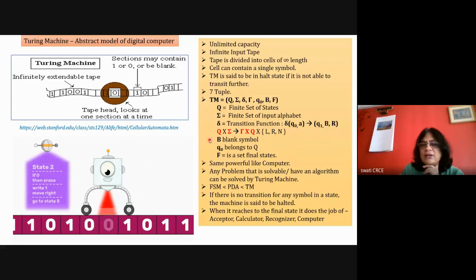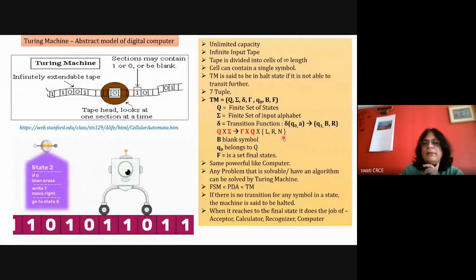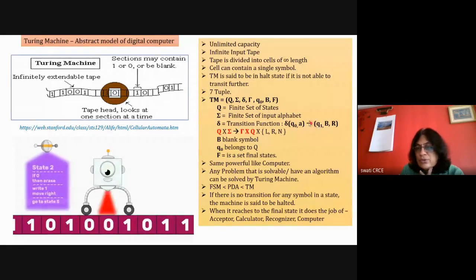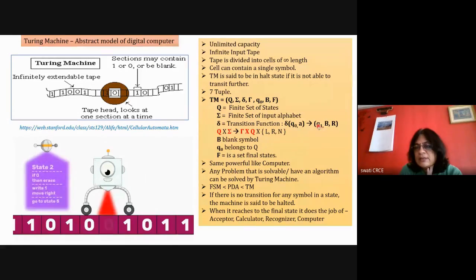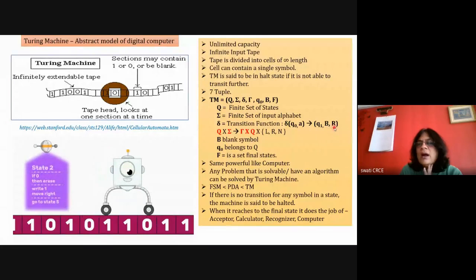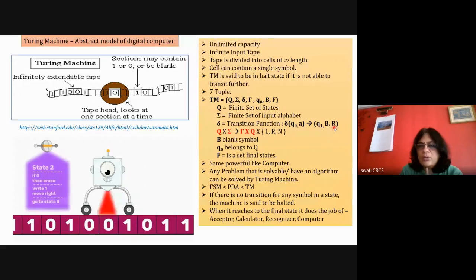So I can say that Q into sigma is equal to Q into rho into L, R, N. Once you remember this transition, by looking at it you can easily write the definition: this is capital Q, this is sigma, this is capital Q, this is rho, and this is L or R or N. So a set and any one element from the set.